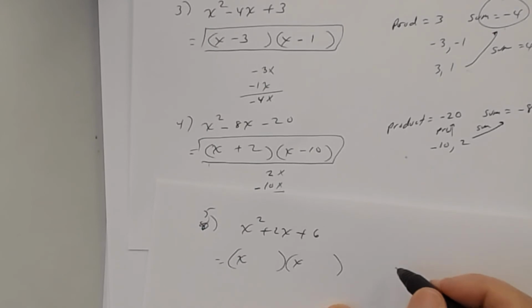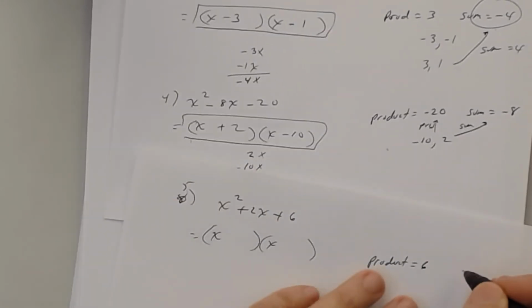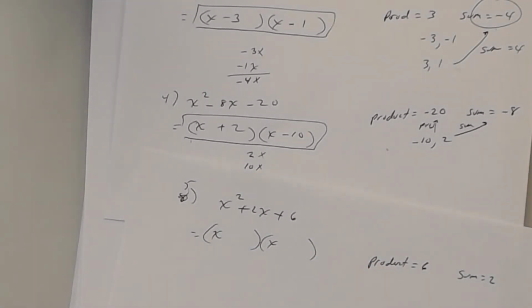All right. Now, I want two whole numbers whose product is 6 and whose sum is 2. 2 times 3 is 6.